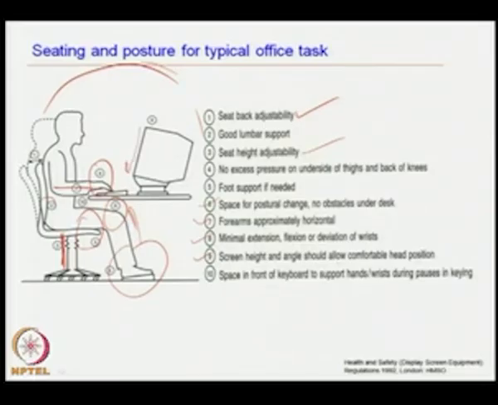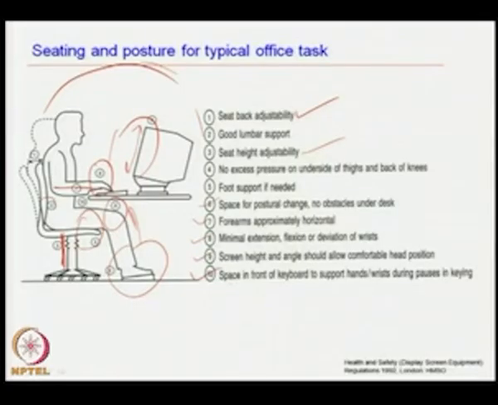So, in this case the visual angle and visual field should be considered, and then space in front of the keyboard to support hands and wrist during pauses in keying. This area is also necessary to consider. So, while making all these things, not only the physical dimensions, but the visual clearance and so on also require to be considered.